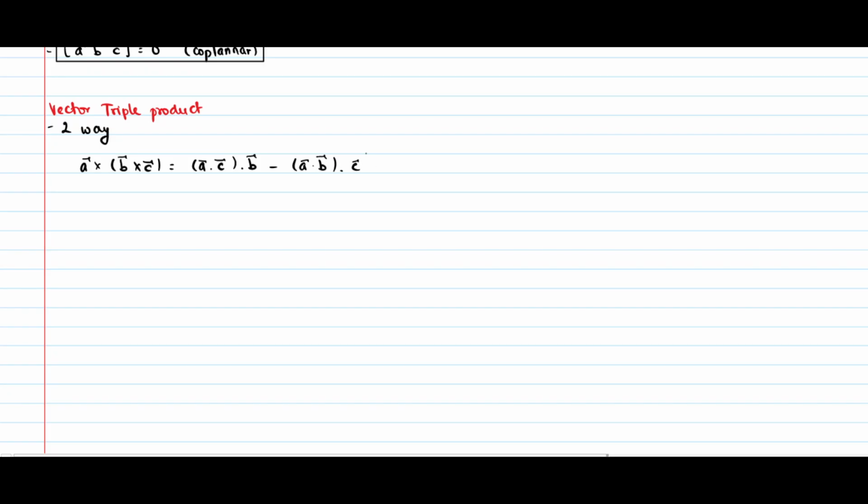So now let's talk about the scalar and vector product when we multiply four vectors. This is the vector triple product. This result would be a vector.